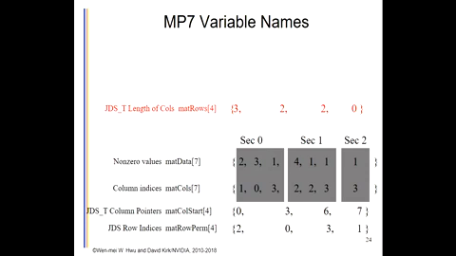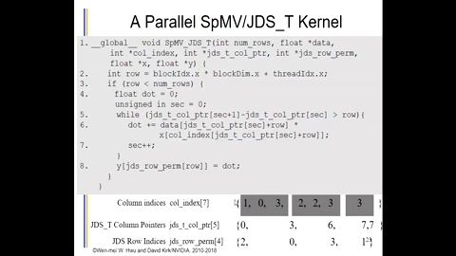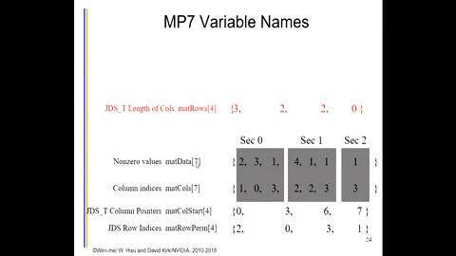Okay, it's slightly different. Everything else is the same as the previous one, but these are the names. The mat data corresponds to the data element, so that's okay. We call them data, and the MP calls it mat data, matrix data. And the column index array is called mat cols, the matrix columns, which is fine.